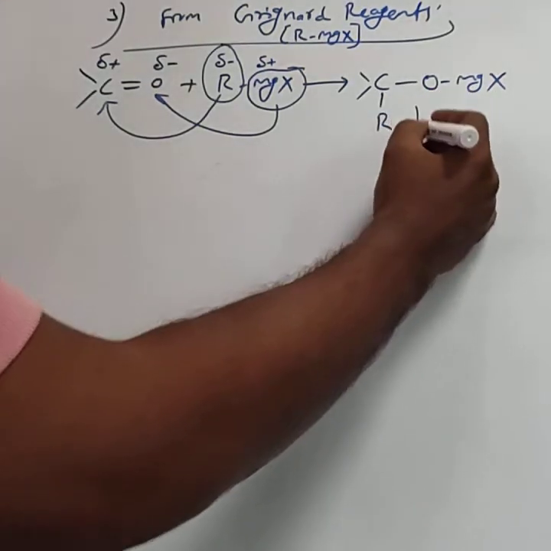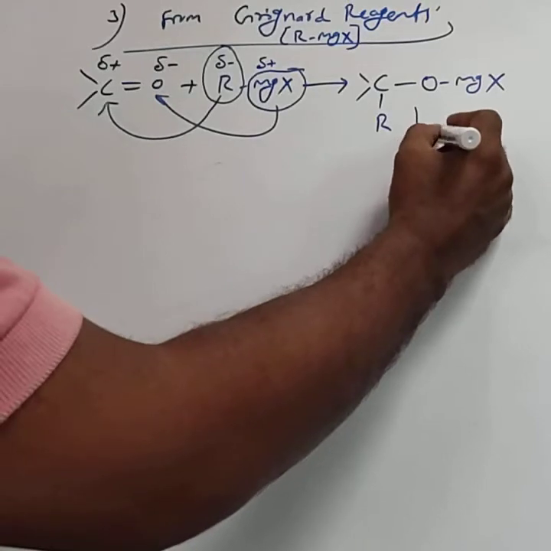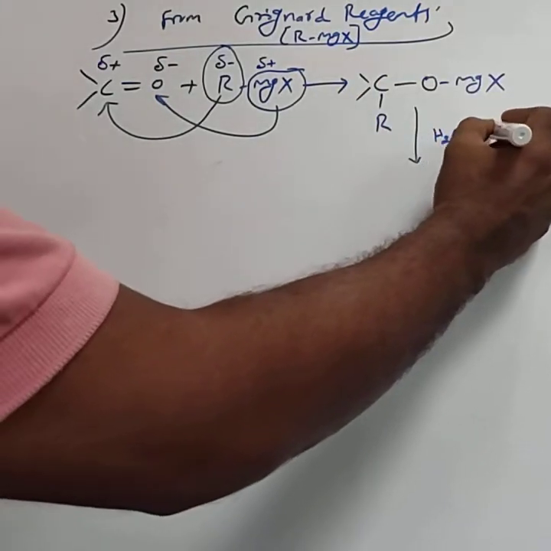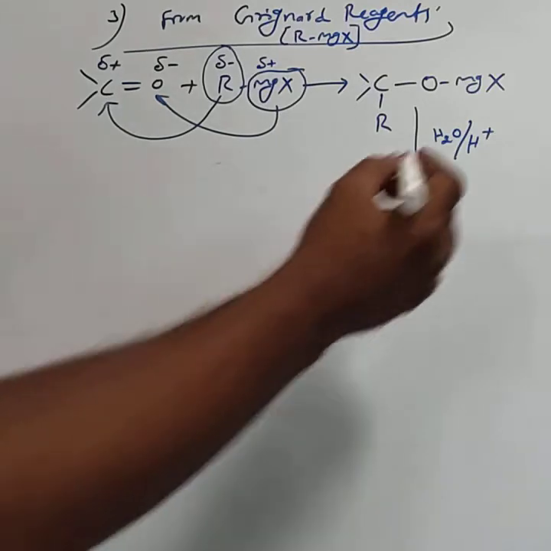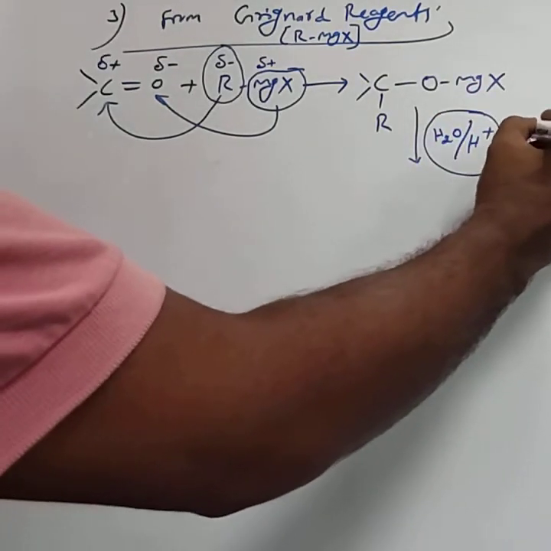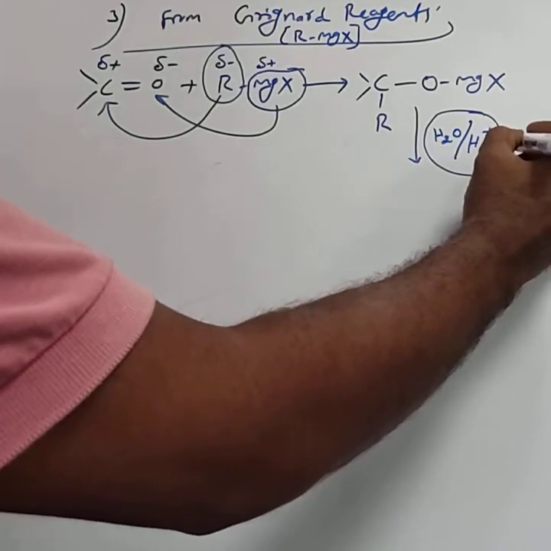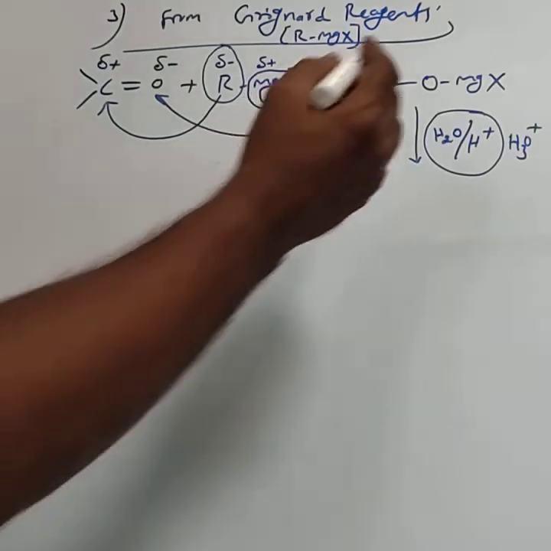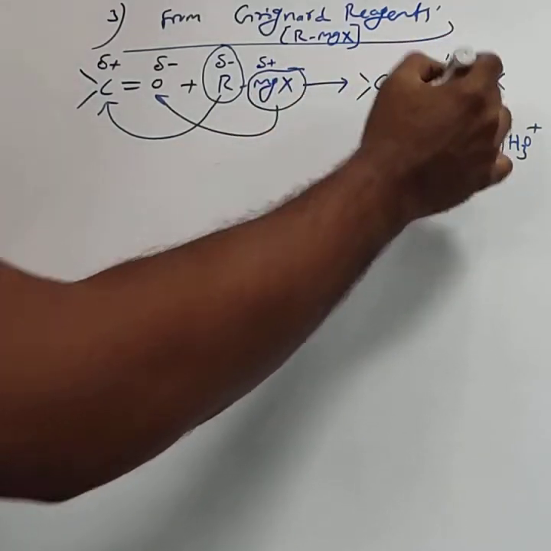This addition compound on acid hydrolysis, H2O/H plus, or instead of writing that, you can take H3O plus. They also use H3O plus. H3O plus means acid hydrolysis. Here bond cleavage takes place.